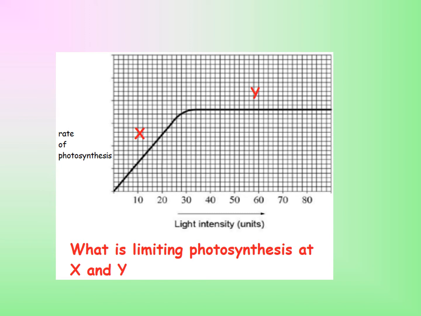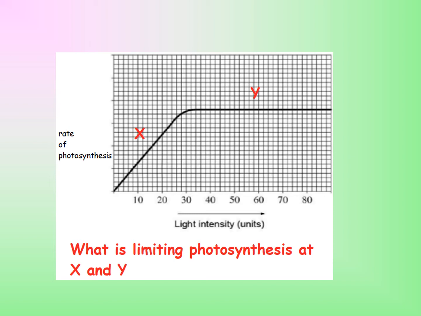What is limiting photosynthesis at X and at Y? So if you're on the way up, you look down. If you're on the level, you look up and spot the difference. If there's no level above, you need to consider what other factor, other than what's on the x-axis, is limiting photosynthesis.